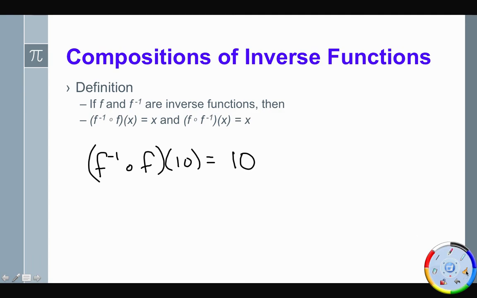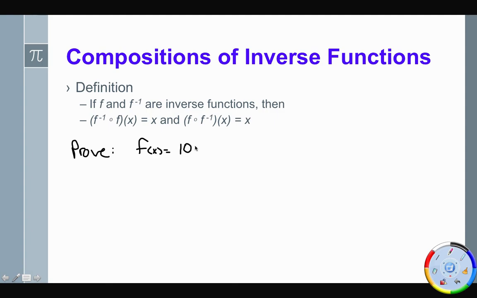The other thing we can do here is prove two functions are inverses. If we had f of x is equal to 10x minus 10, and I had g of x is equal to 1/10 of x plus 1, I need to see if they're inverses.